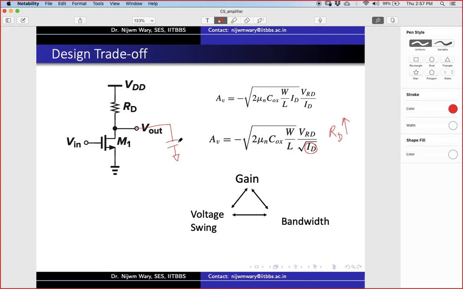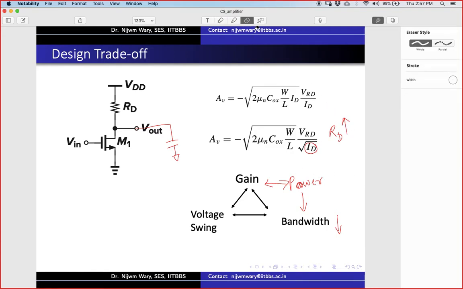So the RC time constant or the bandwidth will get affected. So bandwidth will decrease. Of course, there is also the power. I should have written the power also. If I decrease the ID, the power will get reduced, but the bandwidth also will get reduced. So this is also one trade-off.